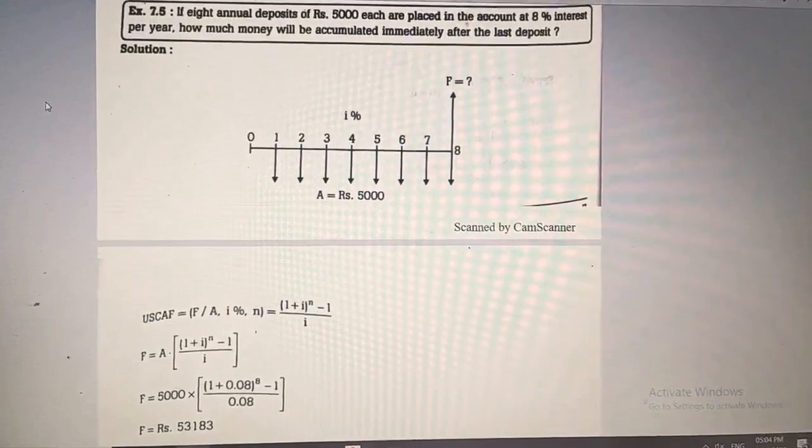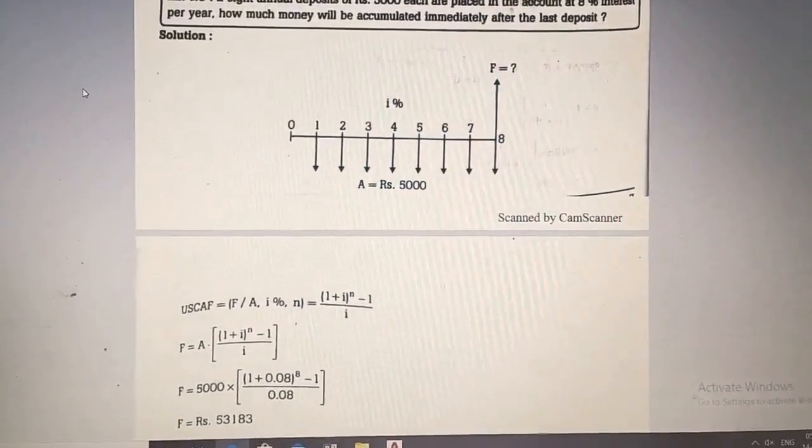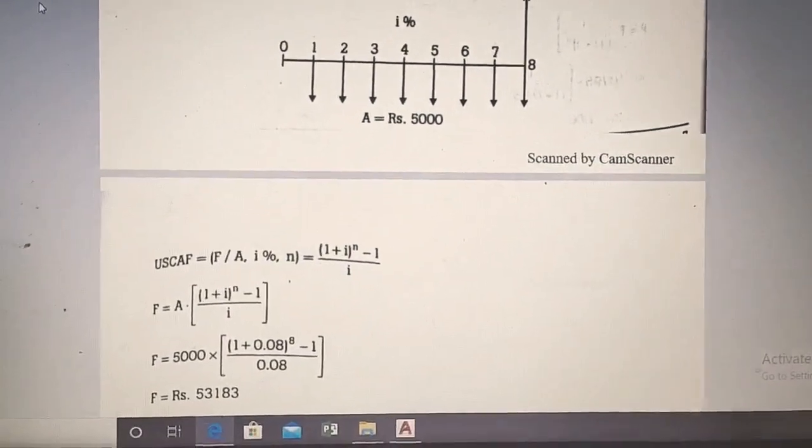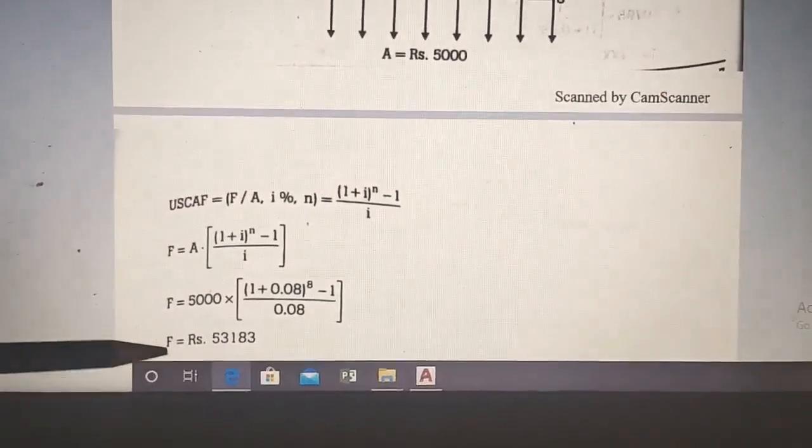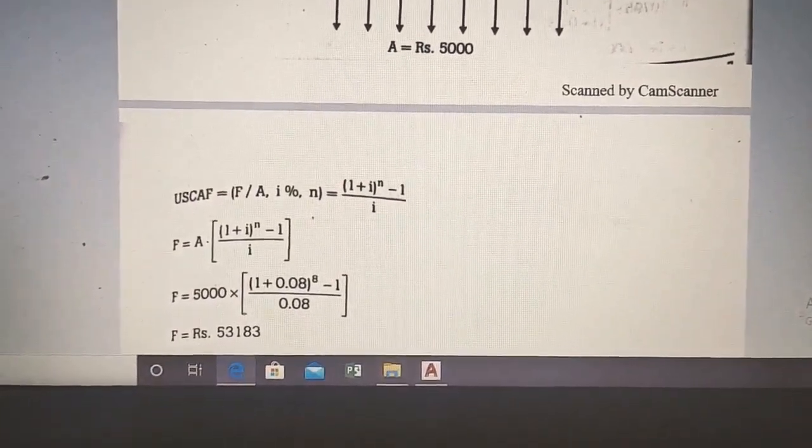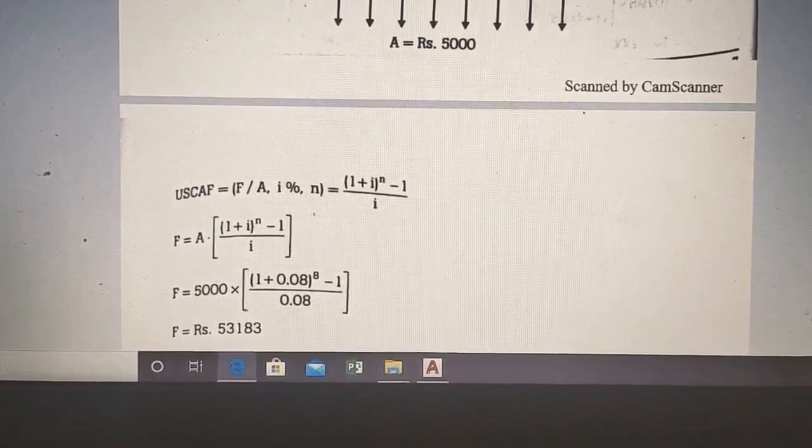So now if you substitute all these three values in the standard formula, the number we get here is F is equal to 53,183 rupees.